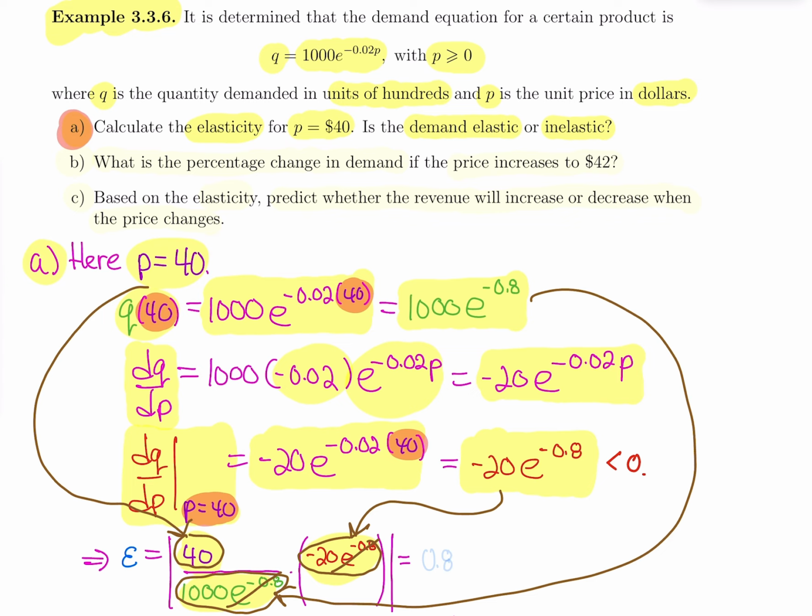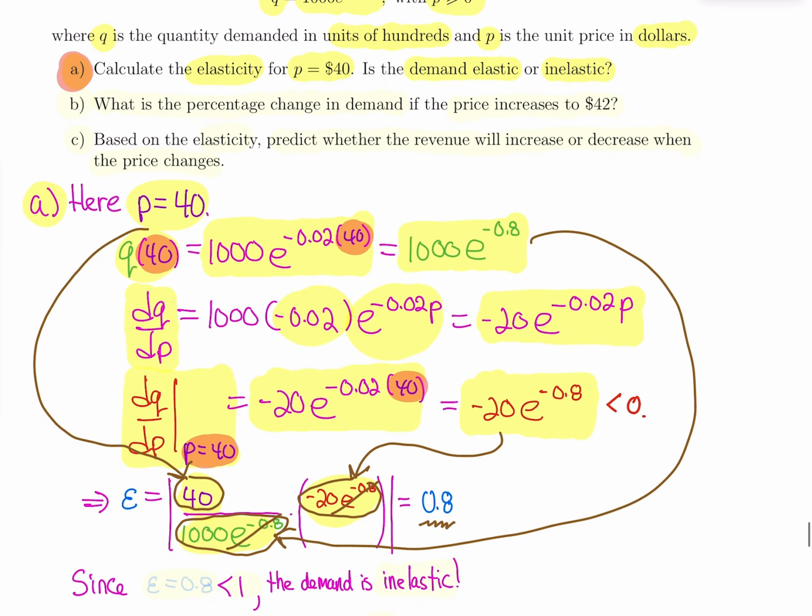After you multiply 40 with minus 20, you get minus 800 over 1,000, which in absolute value is 0.8. Now we have our elasticity, and we want to check if it's bigger or smaller than 1. My elasticity is 0.8, and that is smaller than 1, which means that the demand is inelastic.